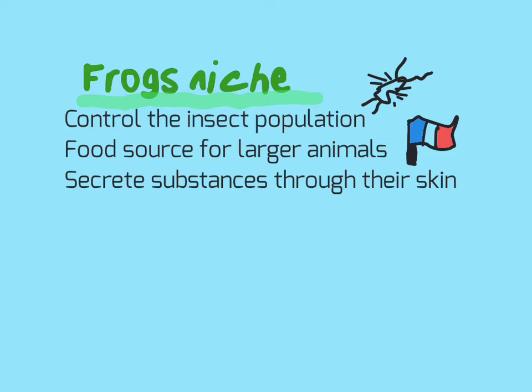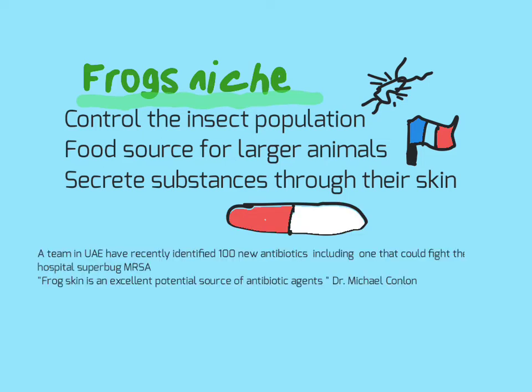The other thing that they do is they secrete weird substances through their skin. And that has led, very recently, to a lot of breakthroughs in terms of using antibiotics and new medicines, which is a really interesting new area. According to an article published in the Telegraph in 2010, a team in the United Arab Emirates have recently identified 100 new antibiotics, including one that could fight the hospital superbug MRSA.